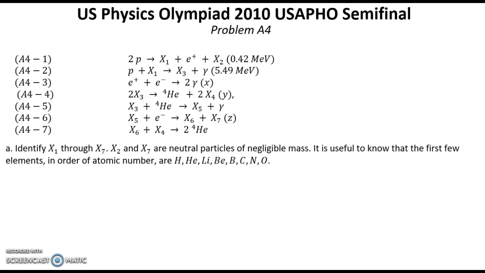Solutions. Let's check the first reaction. We have two protons going to X1 plus positron plus X2, where X2 is known as a particle with a negligible mass and zero charge.